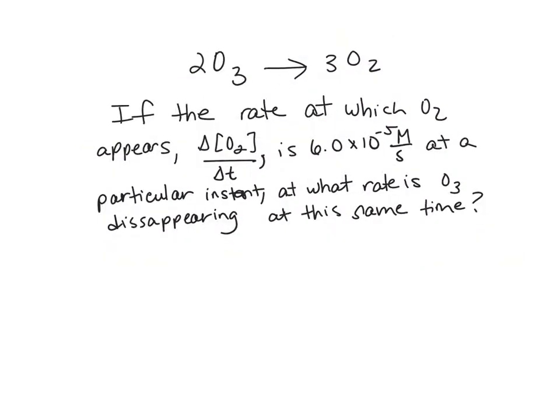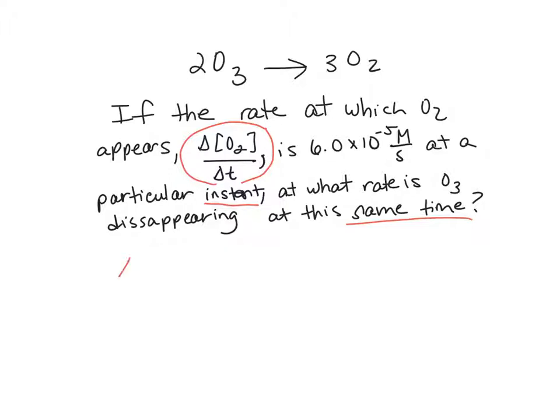Let's work one more problem, and then I have a question for you. So same reaction up here. If the rate at which O2 appears, and this is the way we would write that, it's our definition of rate, is 6 times 10 to the negative fifth molarity per second at a particular instant, at what rate is O3 disappearing at this same time?